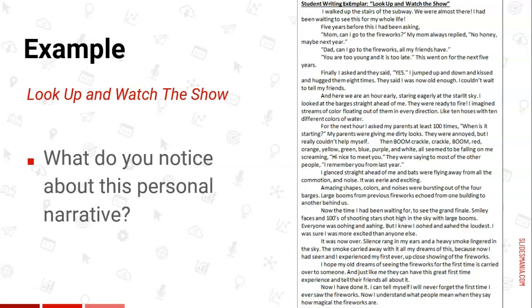Then boom, crackle, crackle, boom! Red, orange, yellow, green, blue, purple, and white all seemed to be falling on me, screaming, Hi, nice to meet you. They were saying to most of the other people, I remember you from last year. I glanced straight ahead of me, and bats were flying away from all the commotion and noise. It was eerie and exciting.